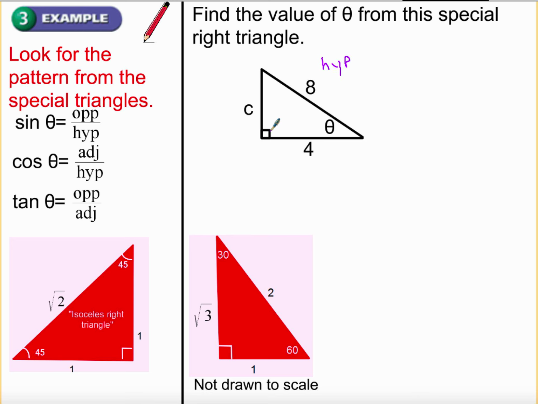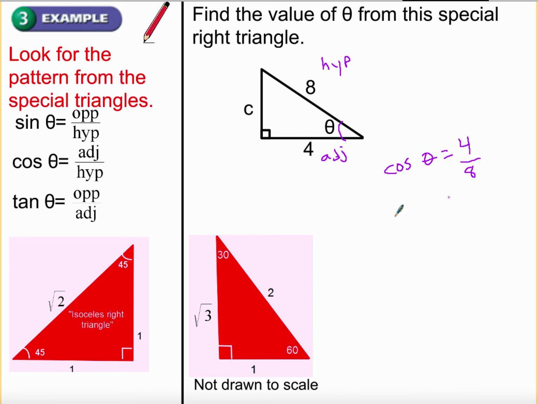I can tell that because it's directly across from my right angle. And I do know 4. Is 4 my adjacent side or my opposite side? Hopefully you said adjacent. So I know that cosine of my angle is the adjacent divided by the hypotenuse.